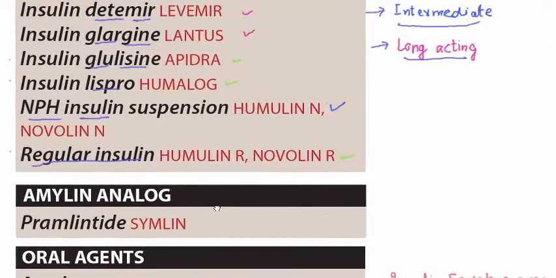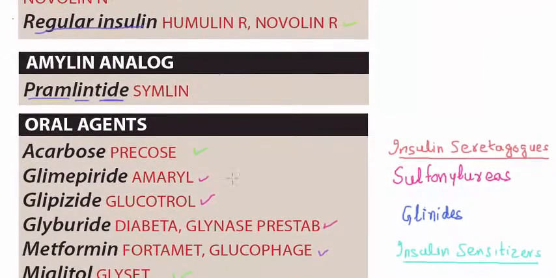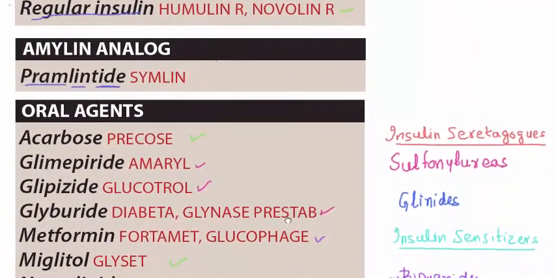Now we come to the amylin analog, and there is just one, and that is pramlintide. Now comes an important class of drugs, which are called oral agents or oral hypoglycemics.